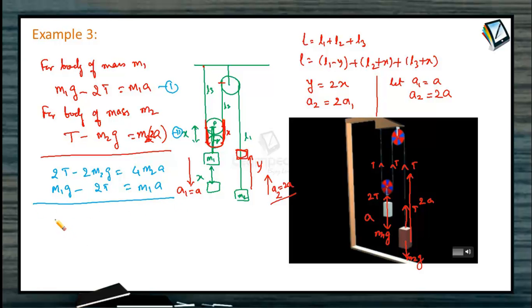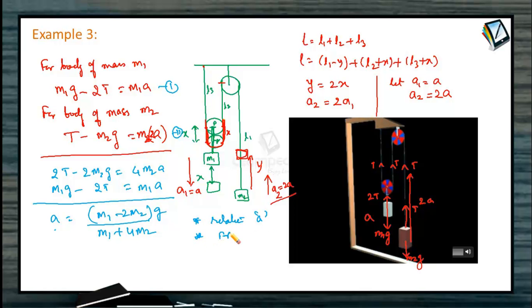So what are we going to get? a is equal to (m1 minus 2m2)g divided by (m1 plus 4m2). Substituting this value of a in either equation 1 or 2, we can easily get our tension. So did you follow what we have done here? In the first step we calculated the constraint, that is the relation of accelerations.